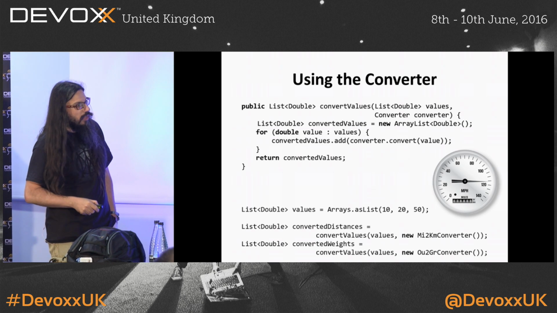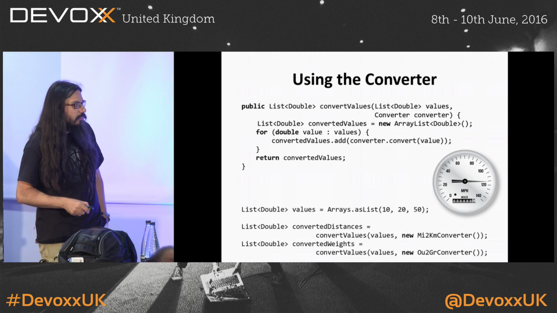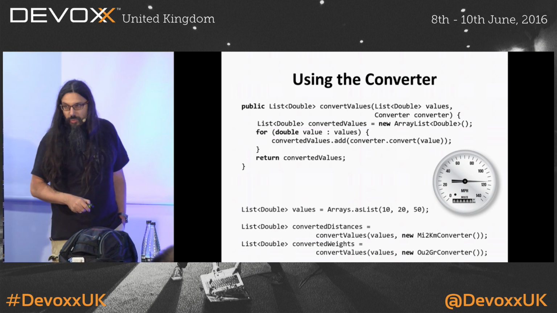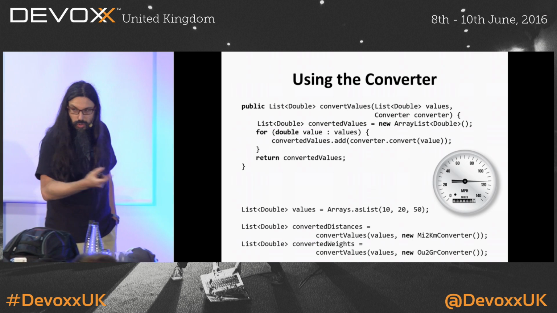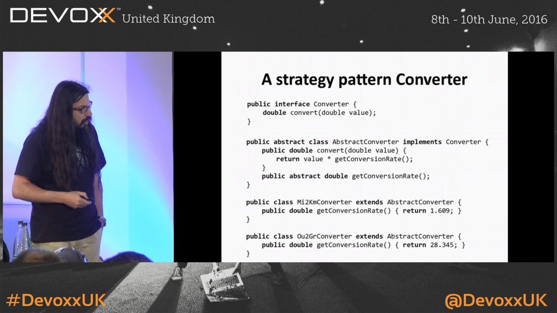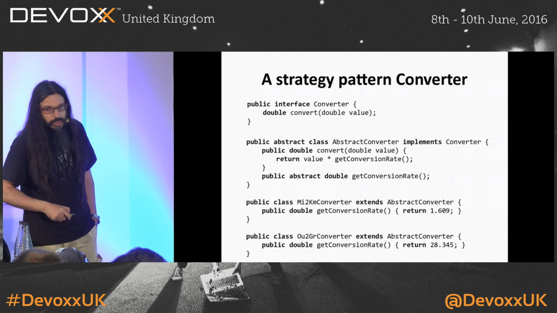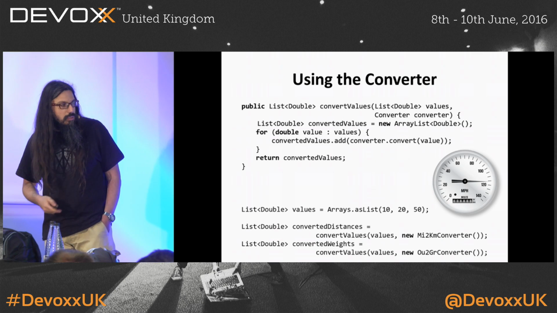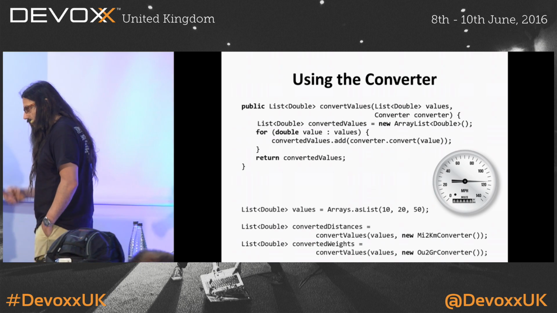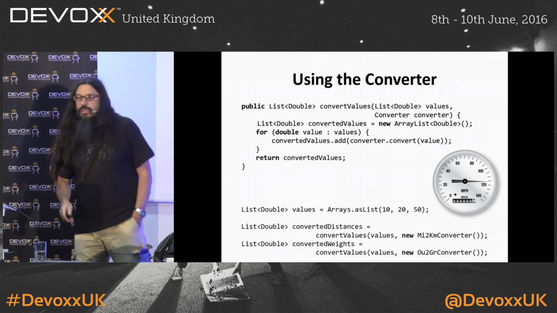Okay, and so you can have a list of numbers that in this case are miles and are converted to kilometers using this converter, and otherwise you can use the other one. Okay, so this is a very simple instance of the strategy pattern.